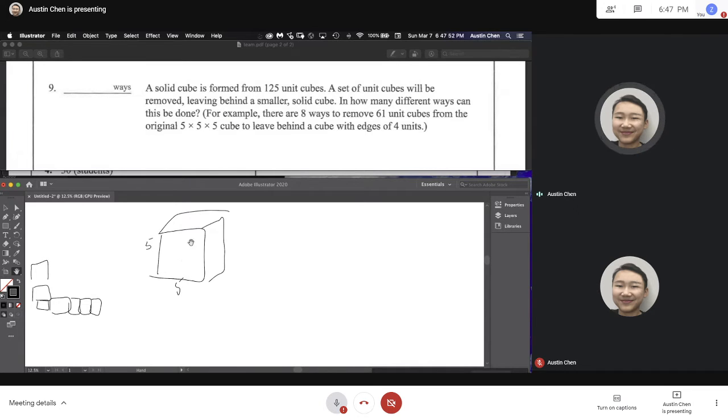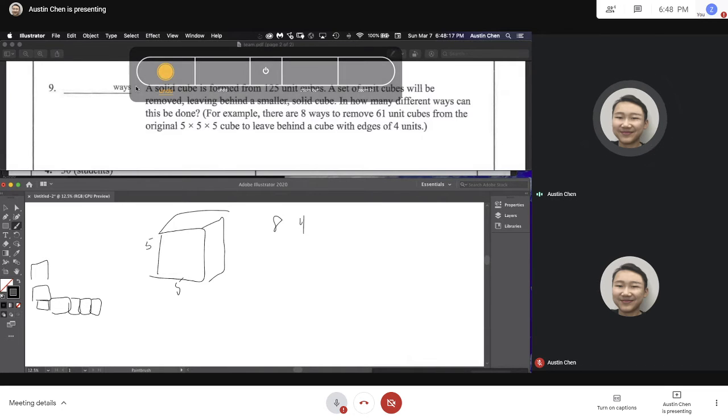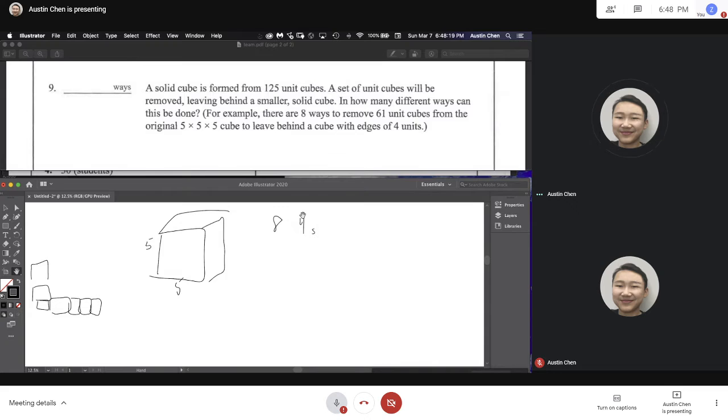So start with counting how many 4 by 4 by 4 cubes you can fit in here. That's pretty easy to see. You're going to have one possible 4 by 4 by 4 cube on every vertex of the 5 by 5 by 5 cube, and there are 8 vertices of the 5 by 5 by 5 cube. So then you're going to have 8 4 by 4 by 4s. I'm just going to say 4s because I don't want to write it all out.